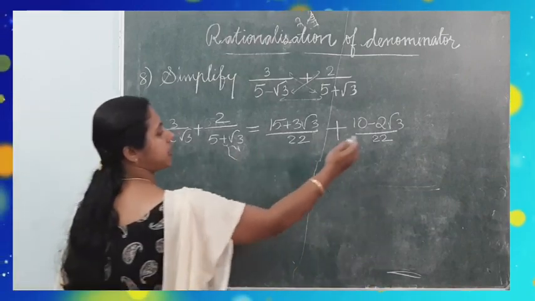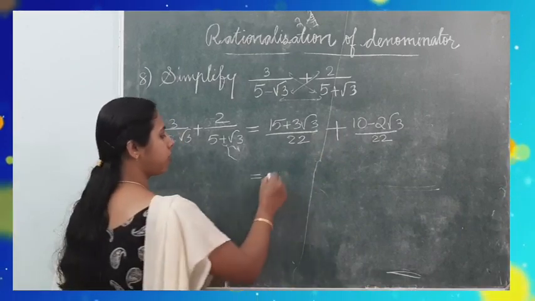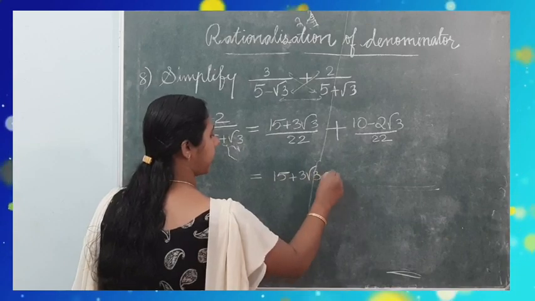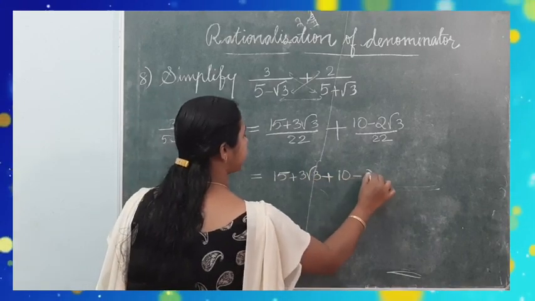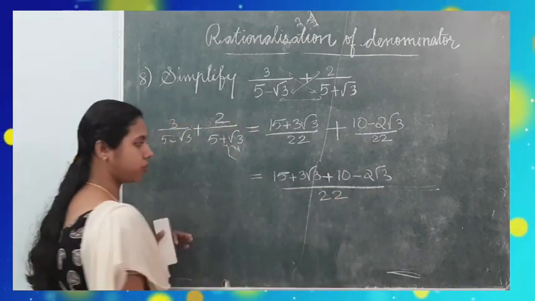Both have the same denominator, so now you can add the numerators: 15 plus 3 root 3 plus 10 minus 2 root 3, divided by 22.